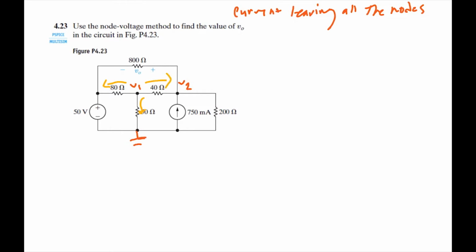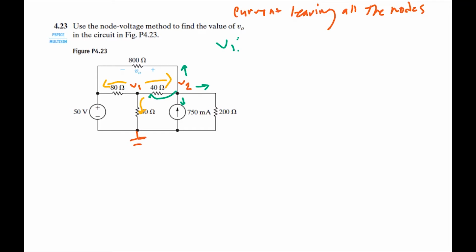That's for V1. For V2, we have current going this way, and of course, that way. So now all we have to do is write out one equation for V1, like we did in the last question.